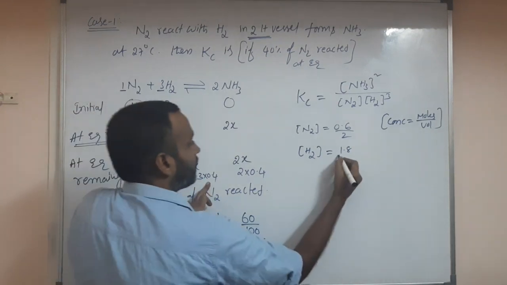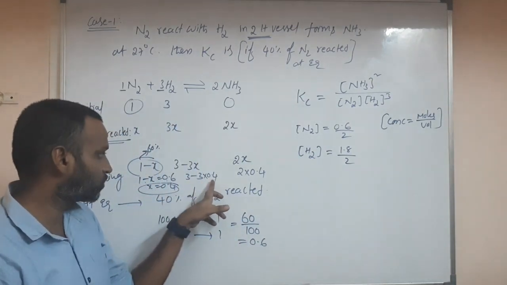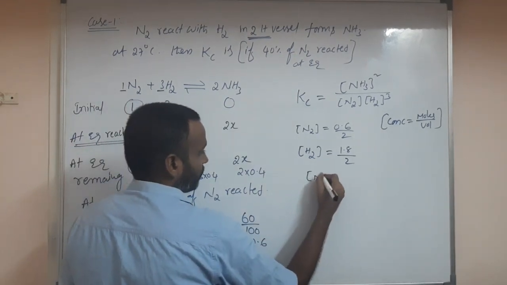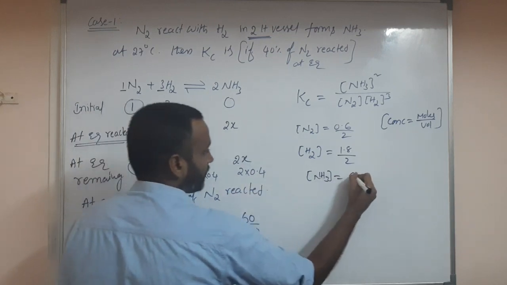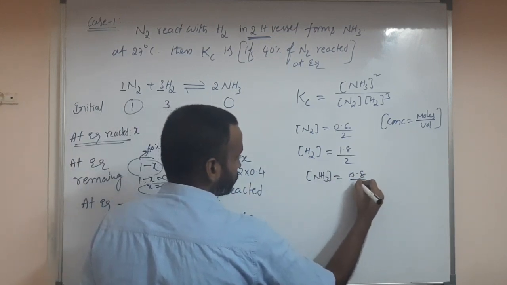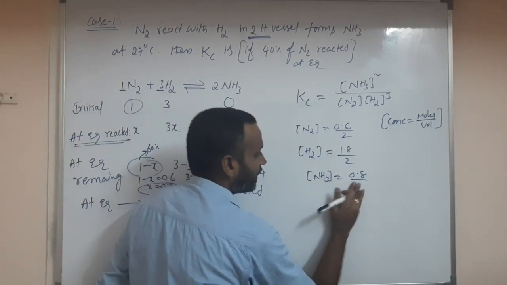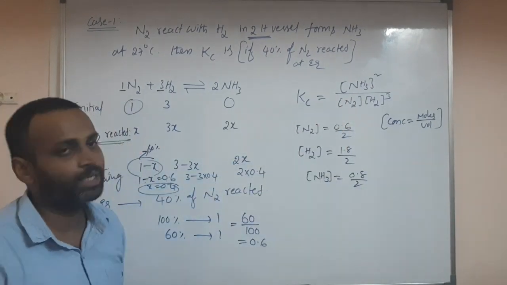So 1.8 by 2. That is 3 into 0.4. Correct now? So the concentration of NH3: the number of moles is 0.8, so 0.8 by 2. Simplify and substitute here so that you get Kc.